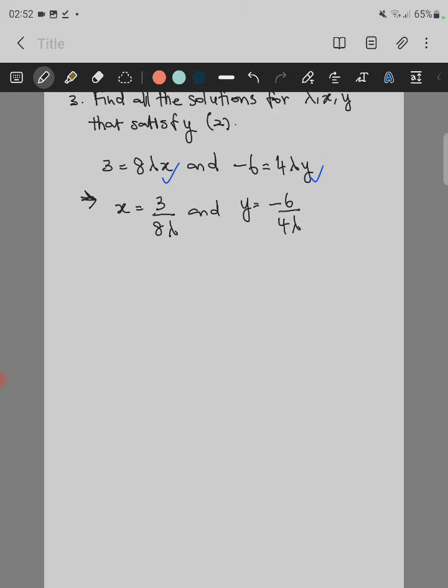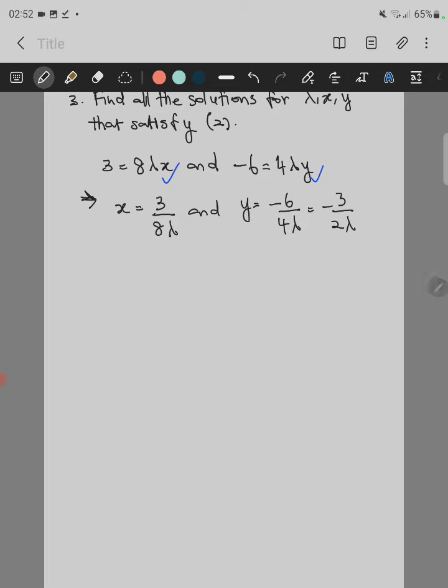So we have x in terms of lambda, and y here is minus 6 over 4 lambda, which is just minus 3 over 2 lambda. So we have y in terms of lambda.